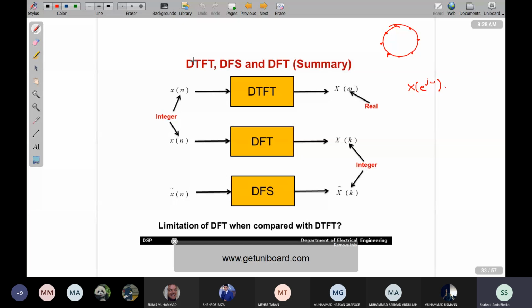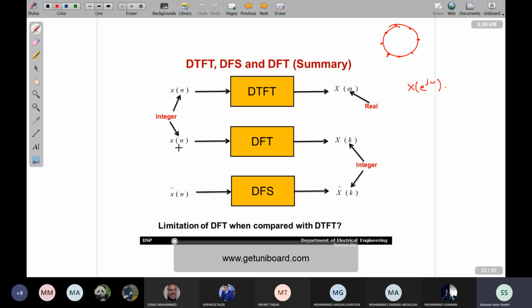So we did this. Now just a summary of what we did till now, that DTFT, DFS और DFT blocks के अंदर क्या relationship है. DFS और DFT के दरमियान जो relationship है, we know that x of n is defined.